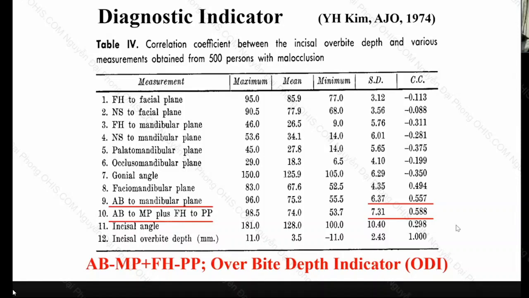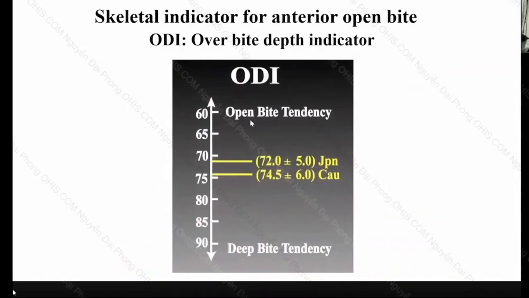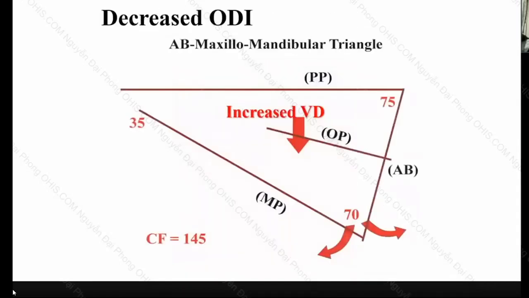So the ODI average, the Caucasian average, is something like 74.5. A decreasing value means open bite tendency, and an increasing value indicates deep bite tendency. This is a very simple indicator he used. So if you think about decreased ODI, how does ODI decrease?